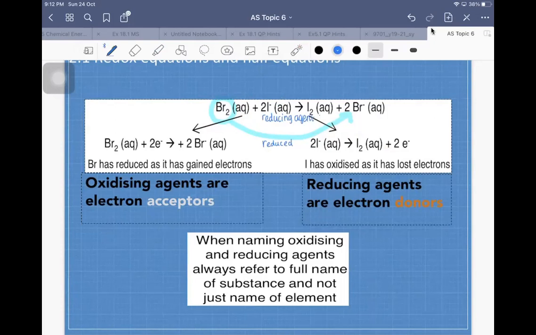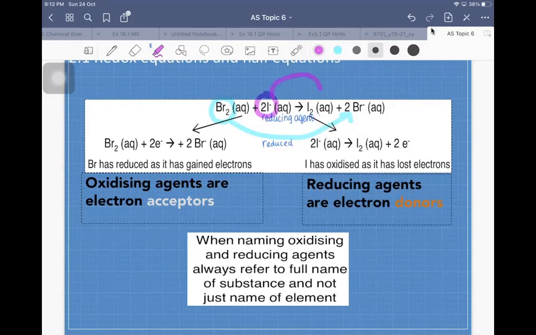Okay, so look at the person who is being oxidized. Pink. Iodide is being oxidized to iodine. Okay, there's no space, maybe I'll do it outside.